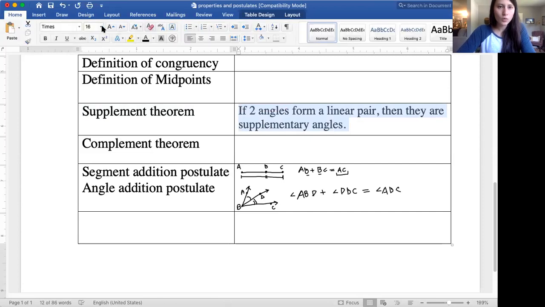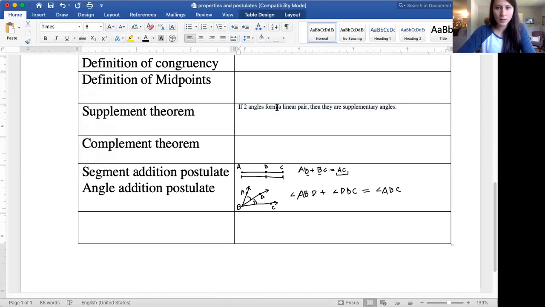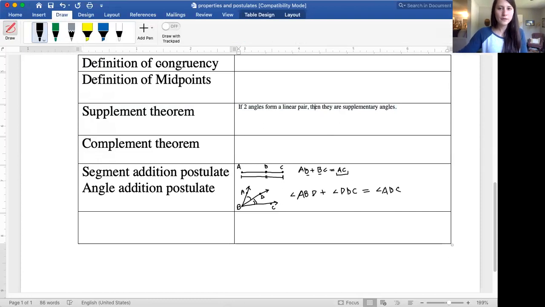So I probably don't need to totally draw it out, but here I'm going to make that font smaller so I have room to draw. But if I have two angles that are a linear pair, so linear pair means two angles that form a line, meaning there's the line right there, angle 1 and angle 2. So let's say they form a linear pair.